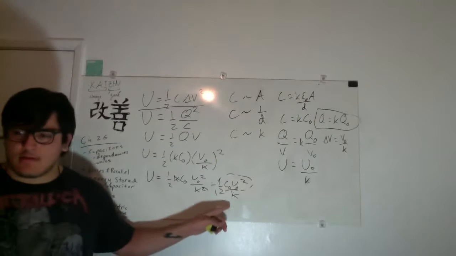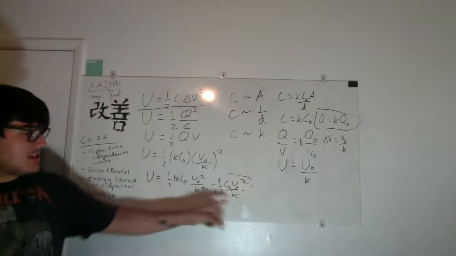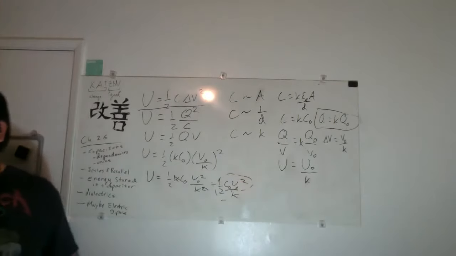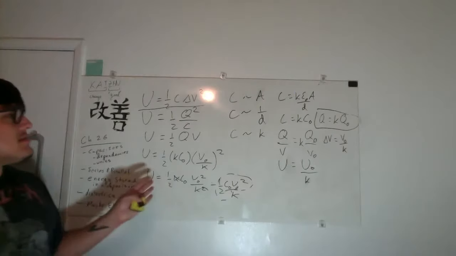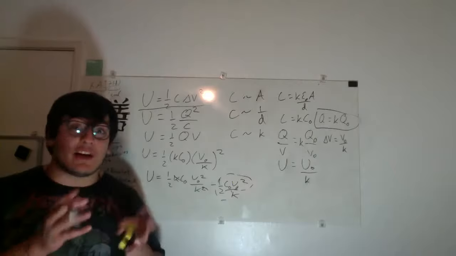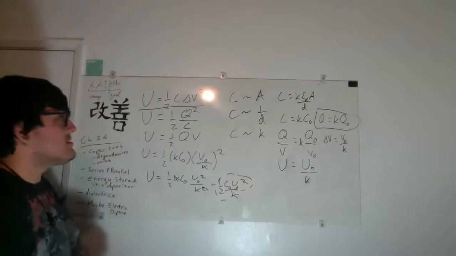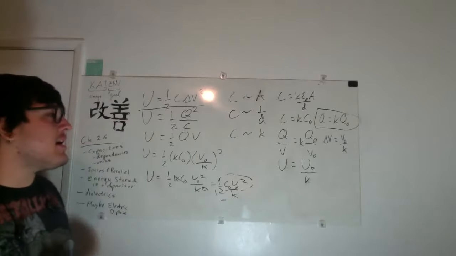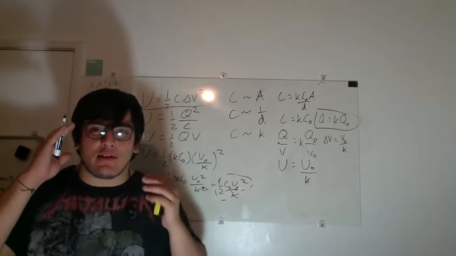That's saying that energy is inversely proportional to kappa. That's what I said. You guys should think about putting these on flashcards to remember all these proportionalities, so that when you think of one, you can imagine the other.